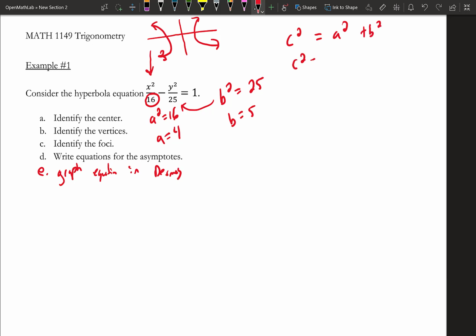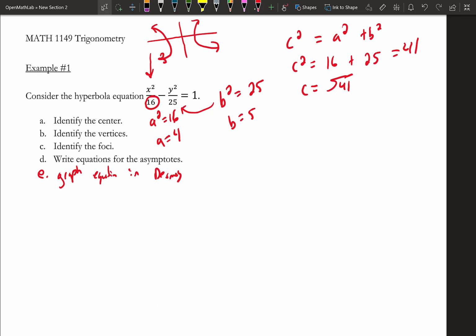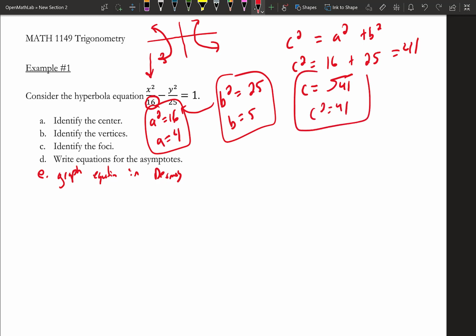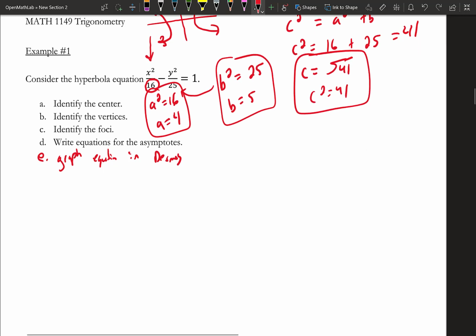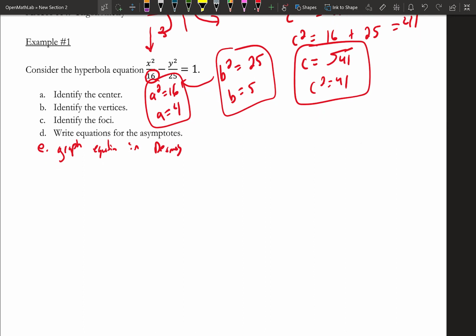So this gives me c squared equals 16 plus 25, which equals 41. So then c would equal the square root of 41, right? And that doesn't simplify at all, right? So we have a squared in a, b squared in b, and c squared equals 41, and c equals radical 41, right? So we're going to need those parts throughout.